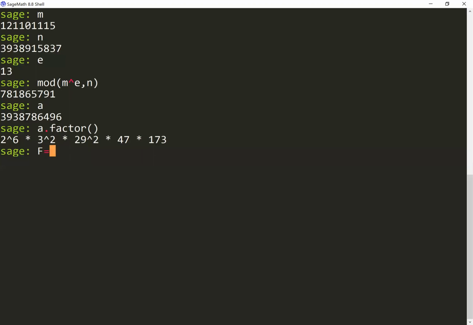Let F be GF(47), since 47 is a prime. Then compute F(1/13), which gives the inverse of 13 modulo 47. You get 29, so d should be congruent to 29 mod 47.